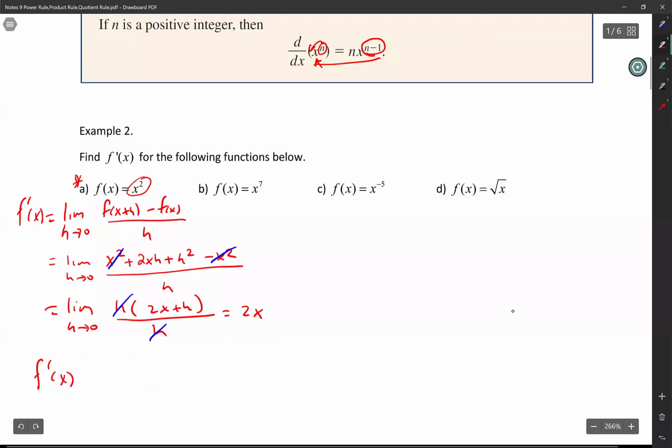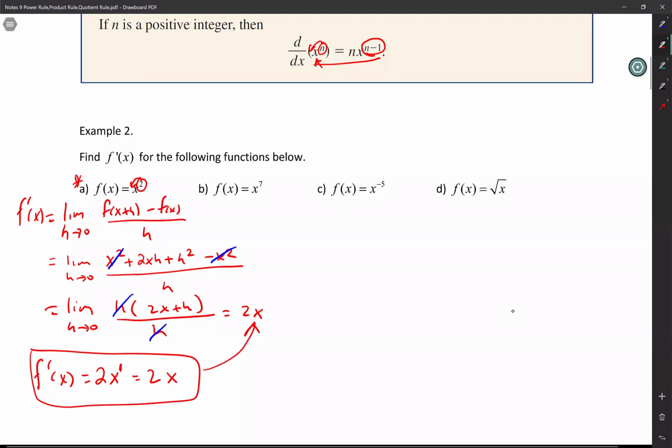I have a 2 here. Can I drop that 2 in the front? 2 in the front, and then it says subtract 1 from whatever that degree is. Oh, to the power 1. Oh my God, look at that. One little rule just saved me from doing all that stuff again. The derivative of x squared is just 2x. That's it.